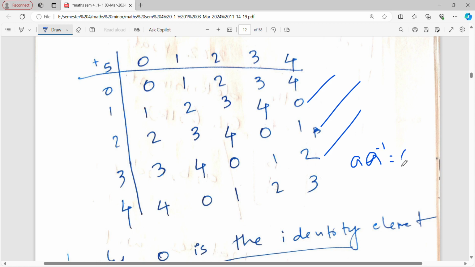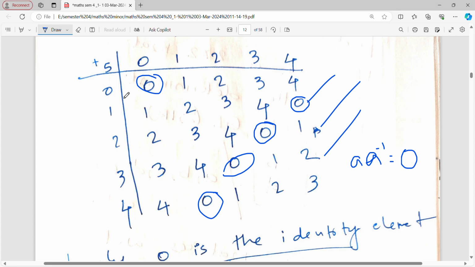Here e is equal to 0. So in the case of 0, the inverse is 0 itself, because 0 comes here. In the case of 1, the inverse is 4. So in the case of 4, the inverse is 1. Just check where the 0 comes, okay? Those are the inverses. Not identity, inverses. I'm really sorry for the mistake.